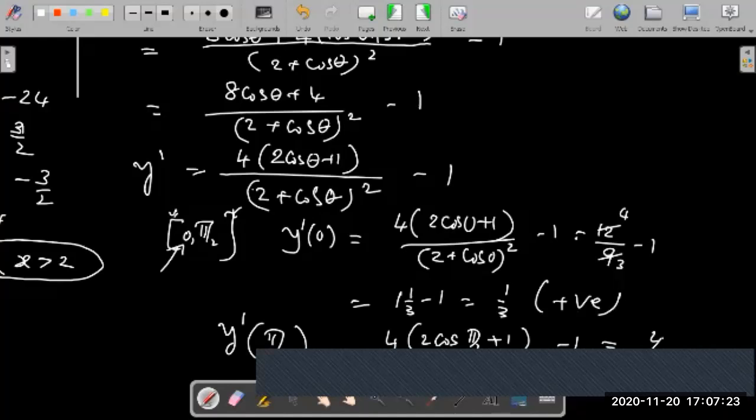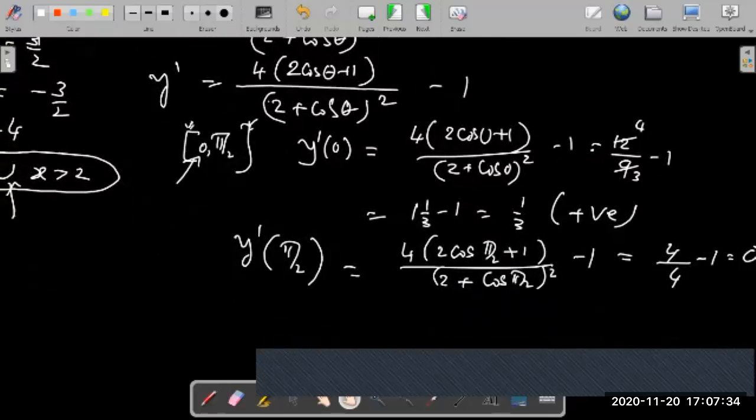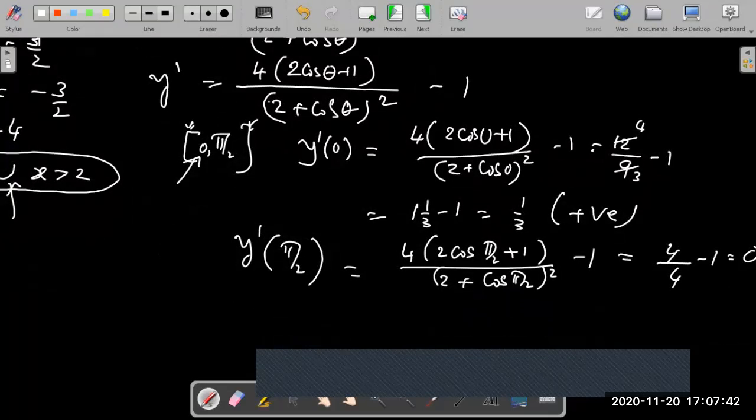So that's why you get 4 divided by 4 minus 1. So we have 0. As we said, if it is completely greater than 0, then we say strictly increasing. So even if it is 0, it is an increasing function, but we need to make sure of some other value in between 0 and pi by 2.